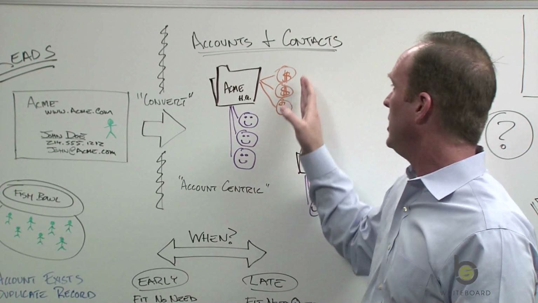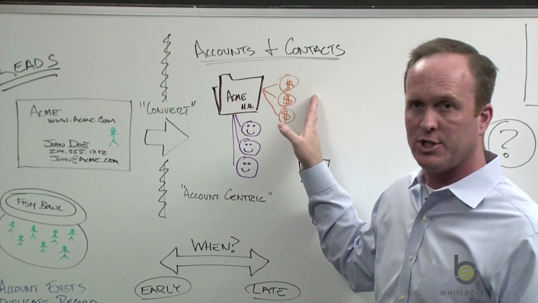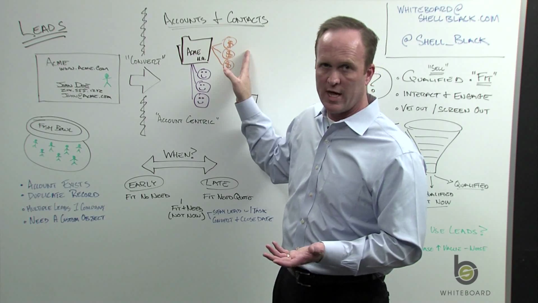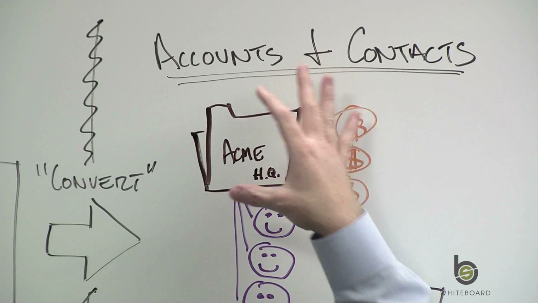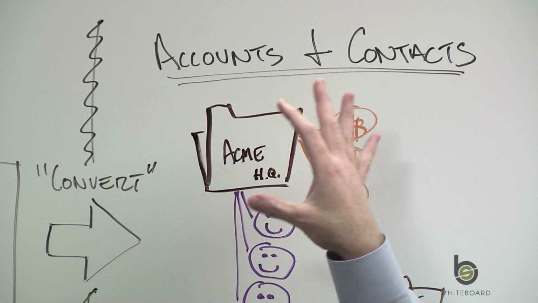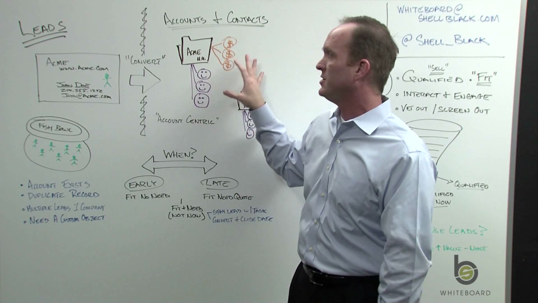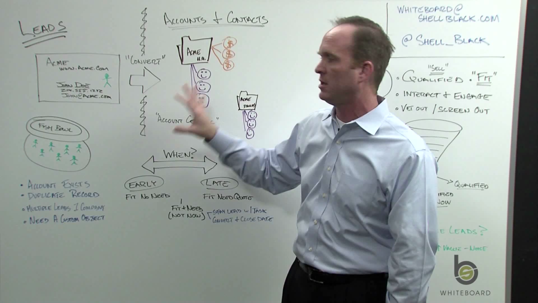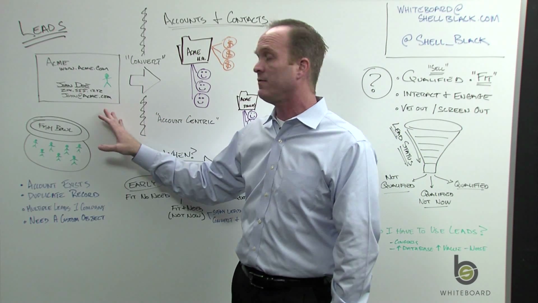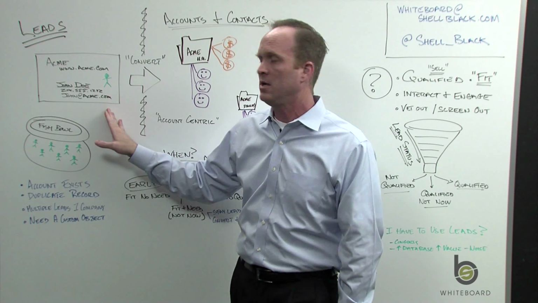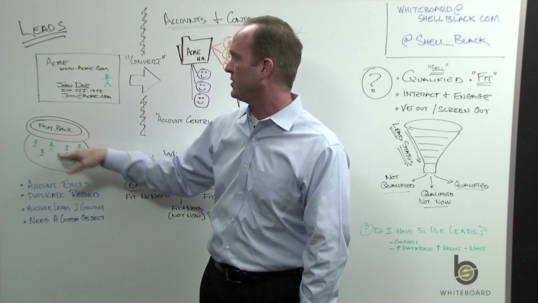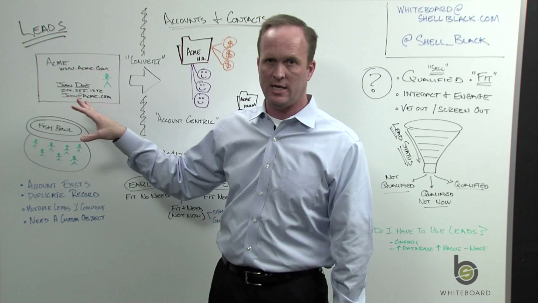Salesforce can handle it. You can also have as many opportunities associated with that account as you would like. You can have custom objects, but they all circle back and nest under this account. So this is a very structured database model, in contrast to leads, where there is no good way to associate that I know 5 people who work at the same company in the lead side of the house.